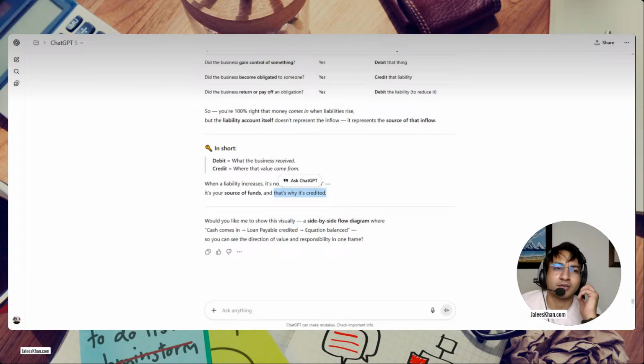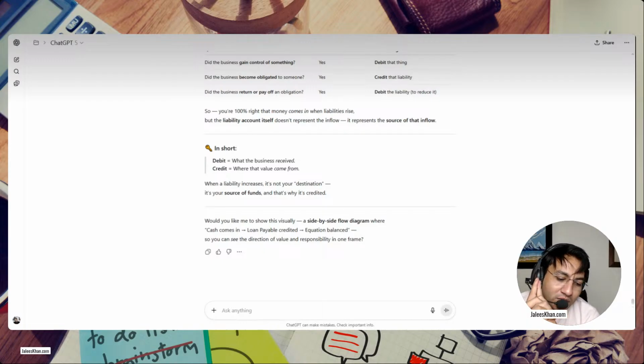Okay, I will try to make sense for you as well, but let me first make it make sense for me. What about if the liability decreases? It means that we paid that amount from our assets. It can be from revenue or something like that.